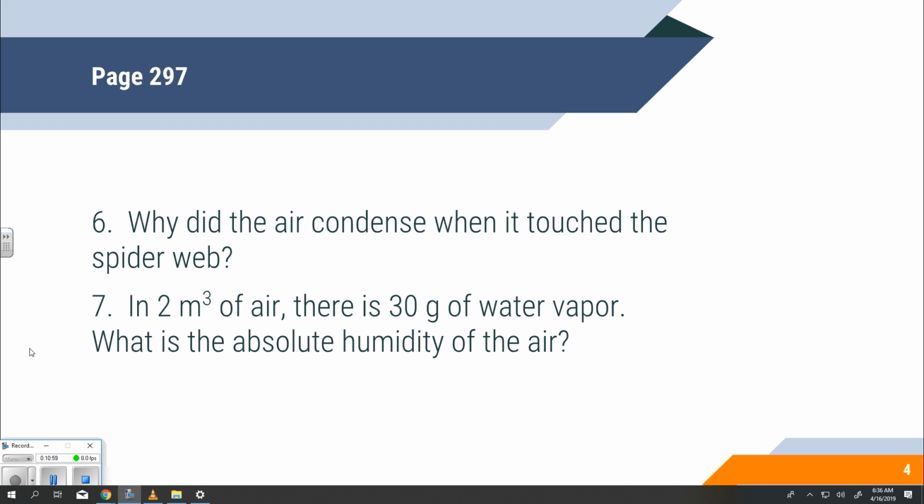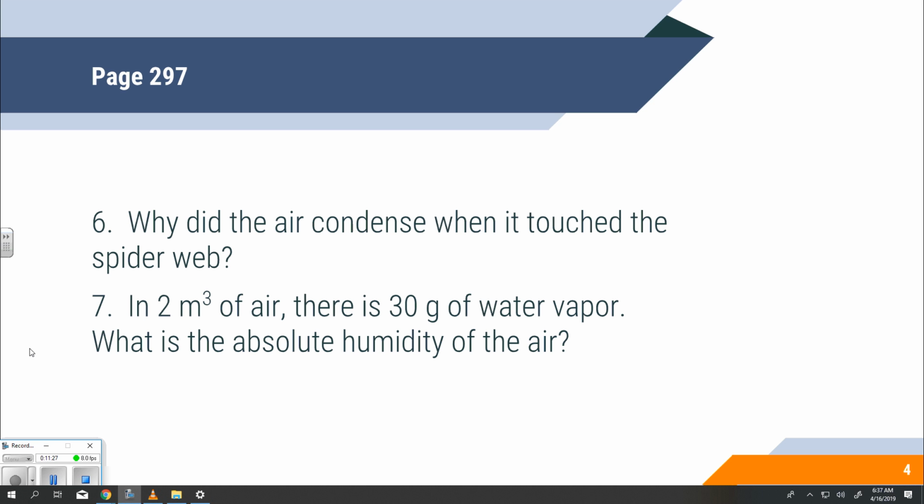The dew point. When the rate of condensation equals the rate of evaporation, the air is saturated with water vapor. The temperature at which the air is saturated is called the dew point. Air can cool below its dew point when it touches a cold surface.